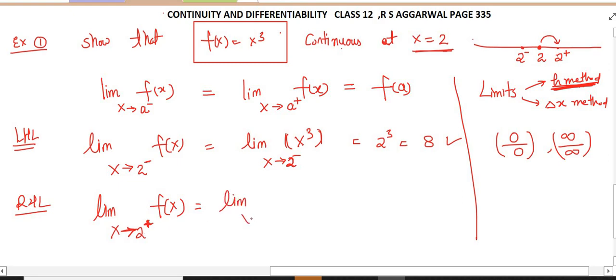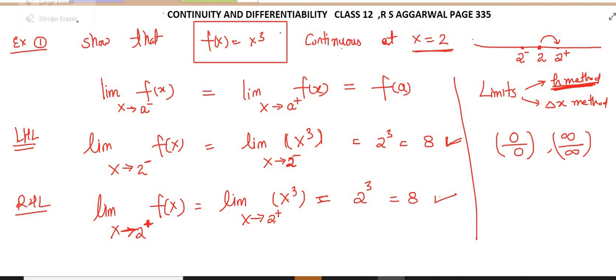So here x is tending to 2 plus, function value is x cube. We will directly put x = 2 because this is not a fractional function, or we don't have any 0 by 0 form here, right? So this is 2 cube, which is 8. So this is my RHL. So you can see we have LHL and RHL already.